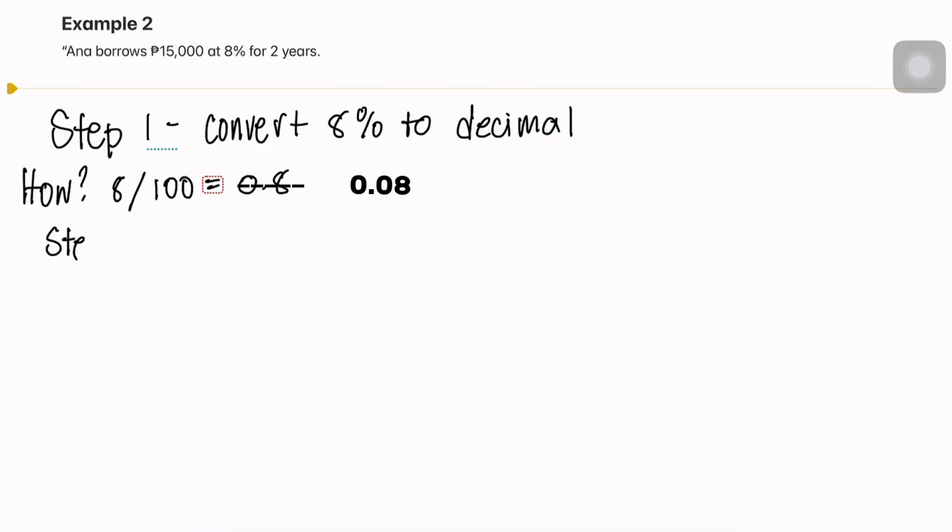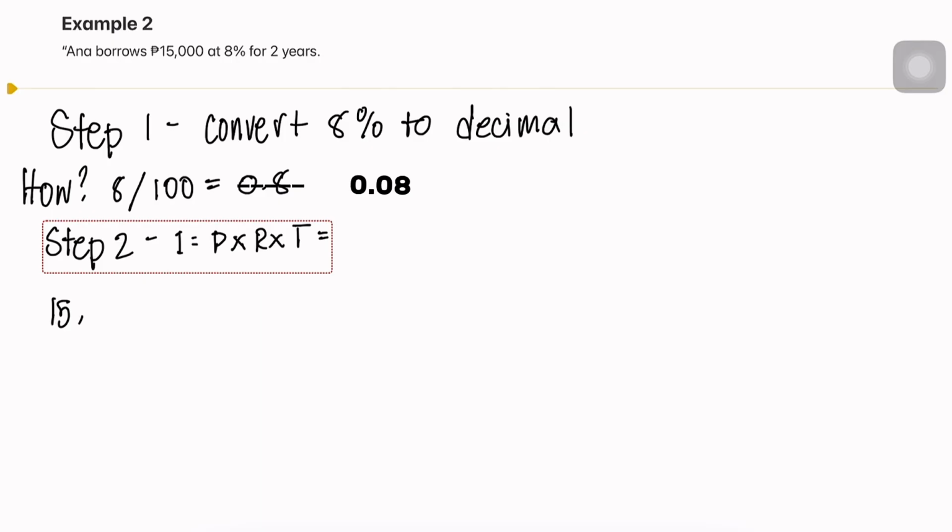Let's move on to our step 2. Let's substitute the values into our formula. The value of our P is 15,000 pesos, for our R it is 0.08, and for our time it is 2.